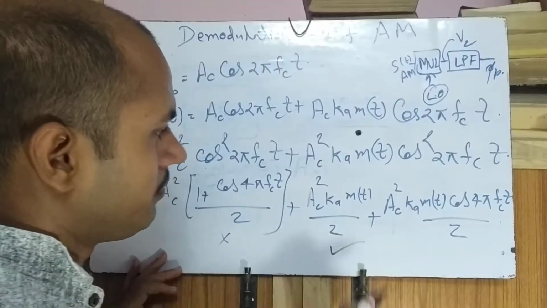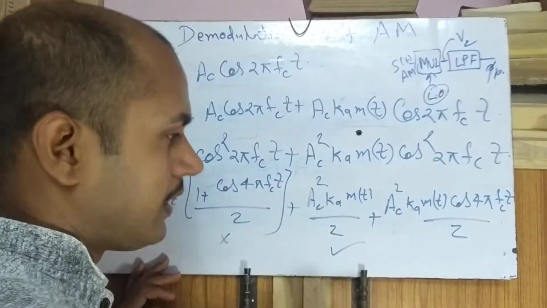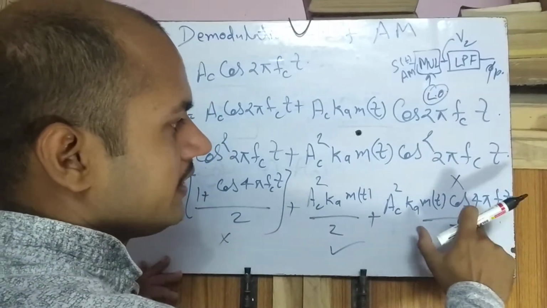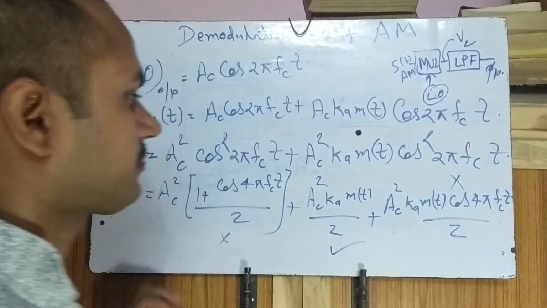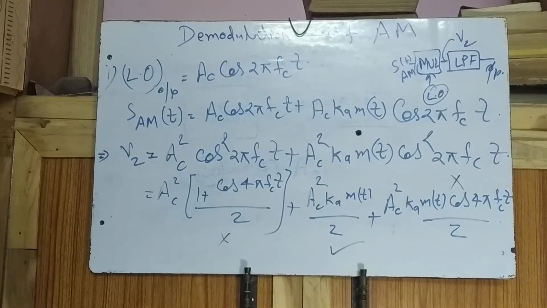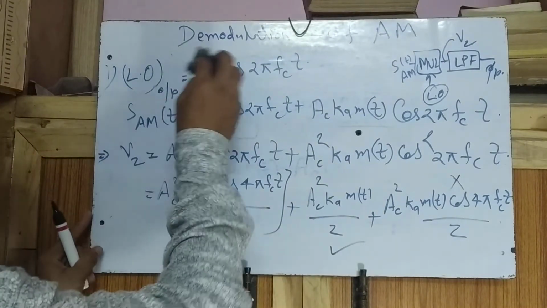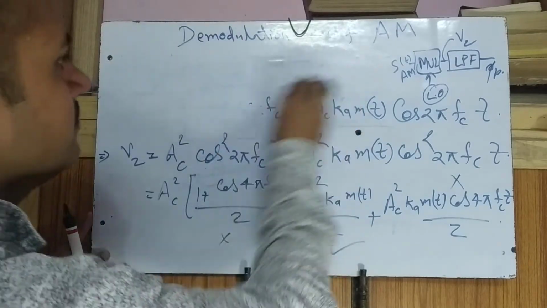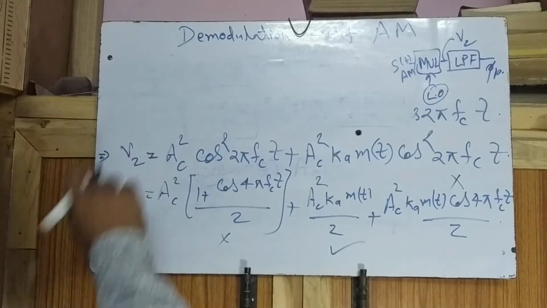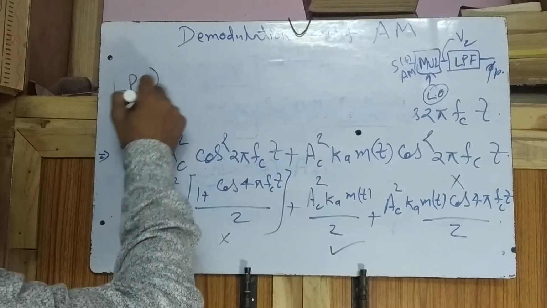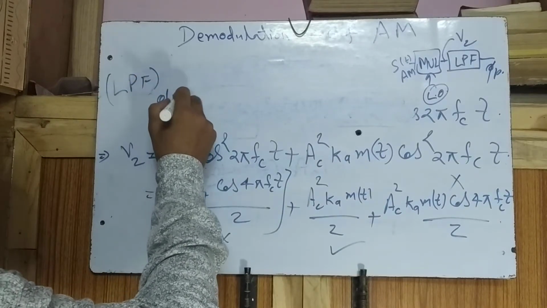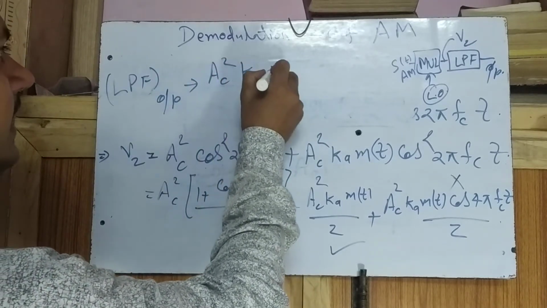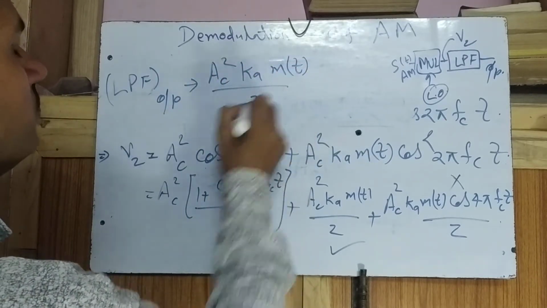This one will be allowed because it has m(t) and the range is 0 to ω. The other is not allowed because it is centered at 2fc. So the final output of the LPF is Ac² ka m(t) by 2.